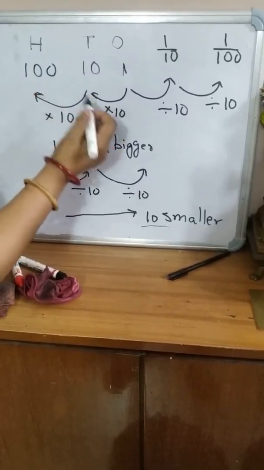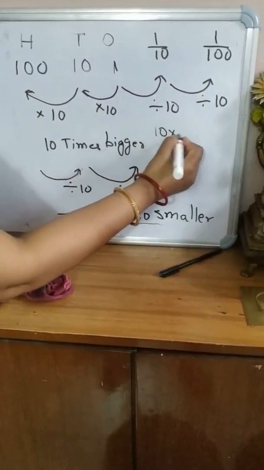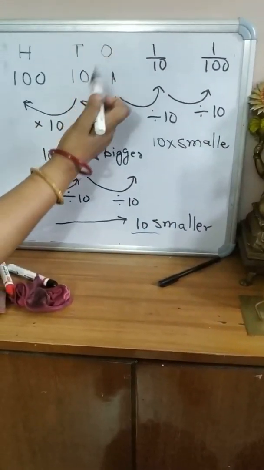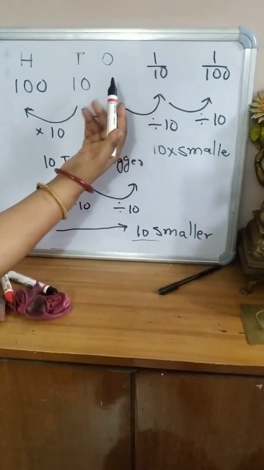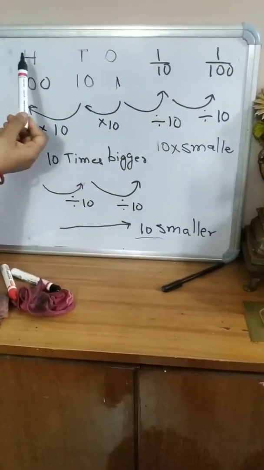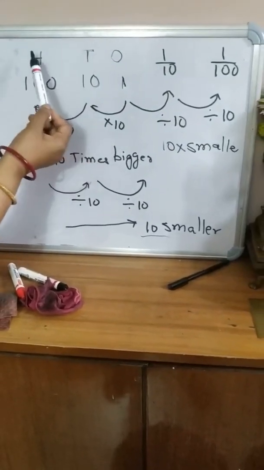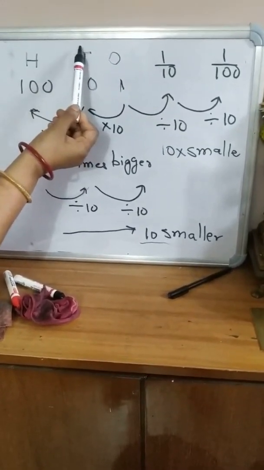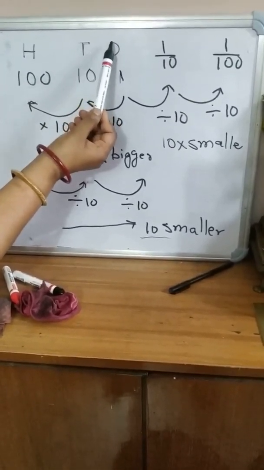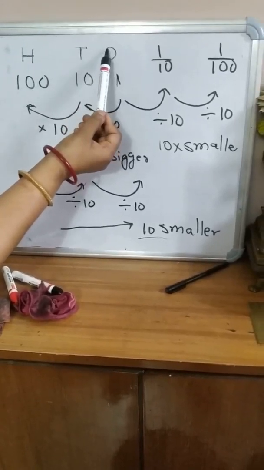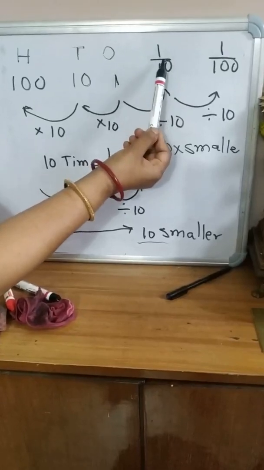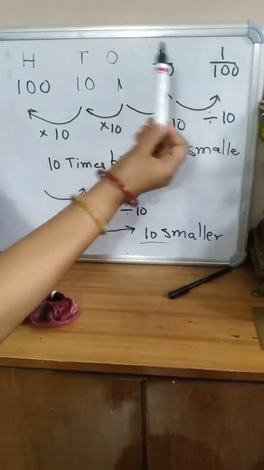When I jump from 100 to tens, it becomes 10 times smaller. From 10 to ones, it becomes 10 times smaller, meaning divided by 10. Ones divided by 10 moves to 1 by 10, and 1 by 10 divided by 10 moves to 1 by 100.